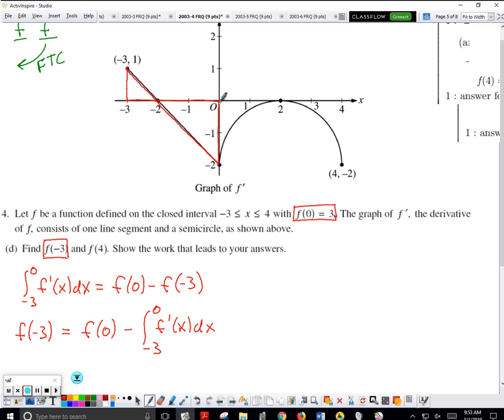So I'm going to find two areas. The blue here, and I also need to find the red area here.